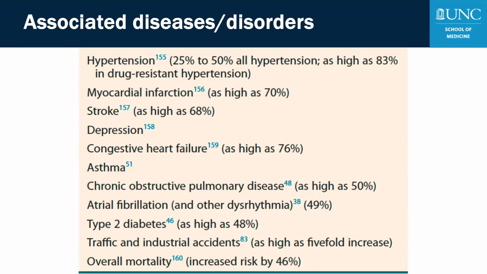So it is actually the recommendation that if you are on 3 antihypertensive medications, blood pressure medications, that you get screened for sleep apnea, because there's such a high association. It may even be a little bit higher than 83%, but it's so high that you go, okay, well, we need 3 drugs to get your blood pressure to where it needs to be.